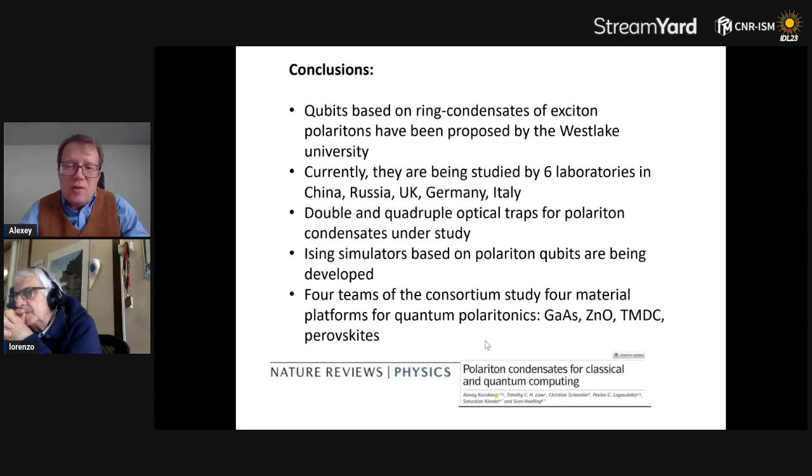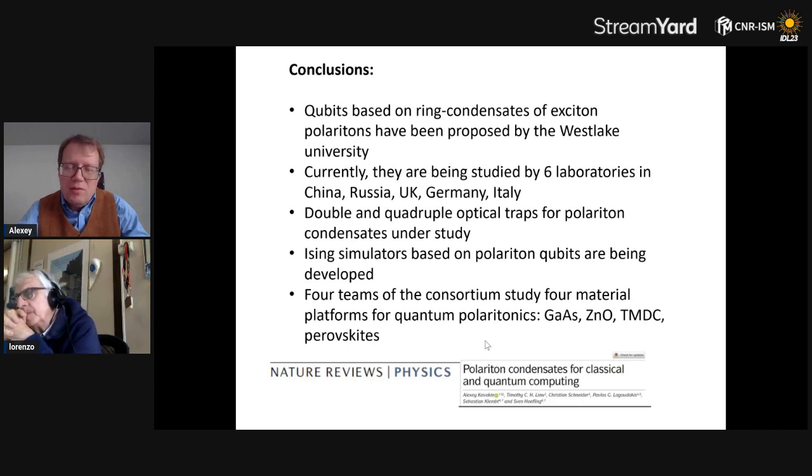But of course, this platform for quantum computation is in its infancy so far. We cannot yet compete with big platforms like superconducting qubits, just for the simple reason that they had 30 years of development, and we just started. Still, now there are 6 laboratories all over the world.